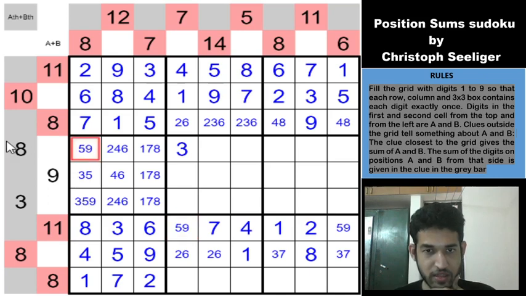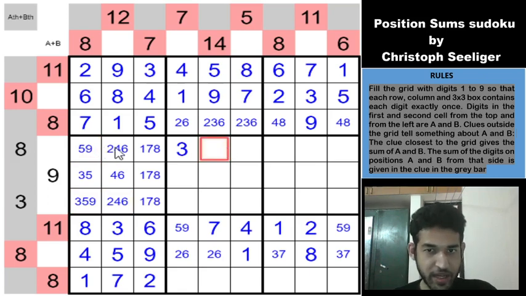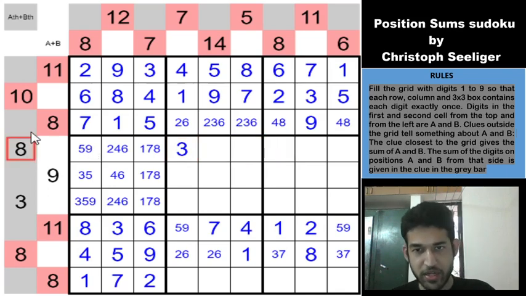Okay, let us look at this now because we have too many possibilities here. So can this be a 5? So which means that the 5th cell and the 2nd, 4th or 6th cell, this one has to be summing up to 8. Okay, lots of possibilities here too, but I think we'll be able to reduce something here.